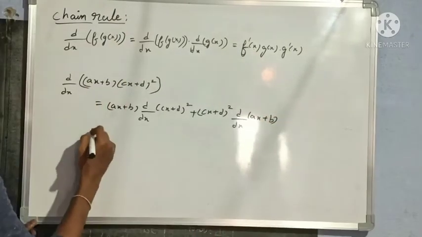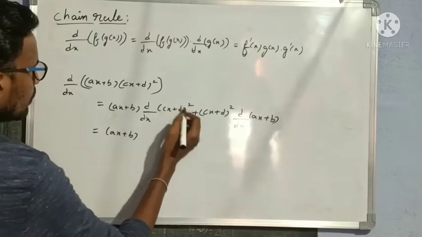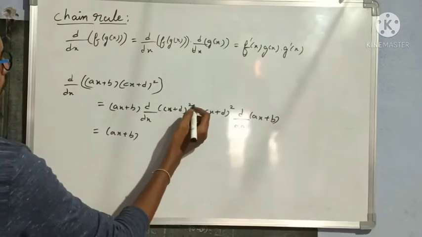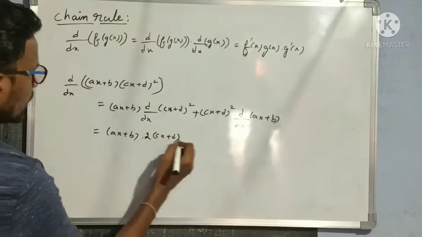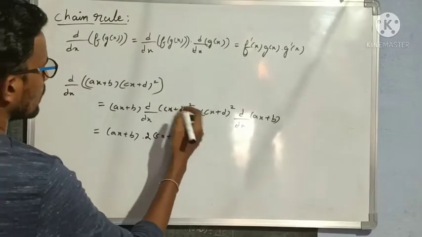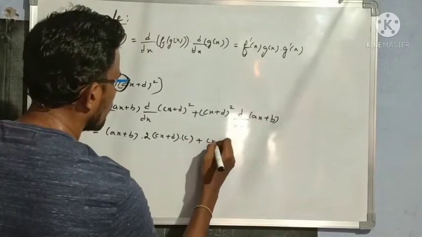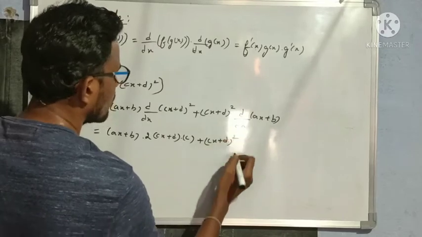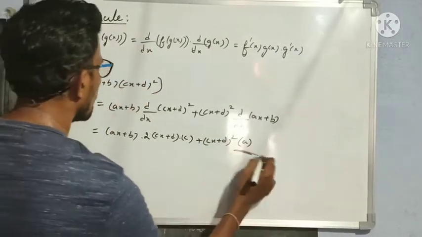So that is equal to ax plus b as it is into, already I have said, here also you have to use chain rule. So square is 2, so 2 into cx plus d again into d by dx of cx plus d is c, plus again cx plus d whole square as it is into d by dx of ax plus b is a. This is the answer.